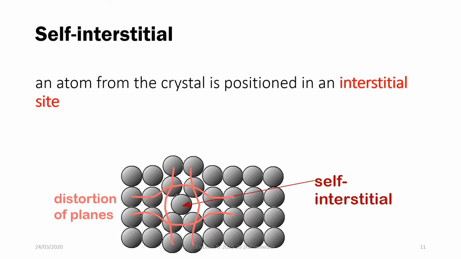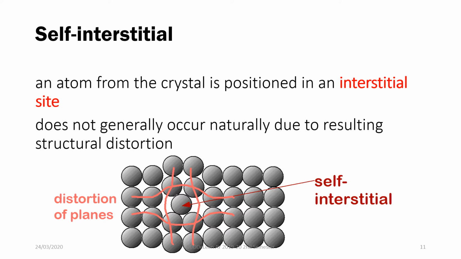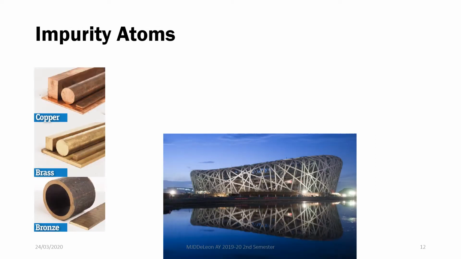So an atom from the crystal is positioned in an interstitial site, and this would cause a distortion on the arrangement of your crystal since mas maliit na hamak yung interstitial site natin than your atom. So that would cause strain in the nearby vicinity, which will cause distortion in your crystal. In metals, this does not generally happen in large quantities since this is not very favorable due to the size constraints of those interstitial sites.